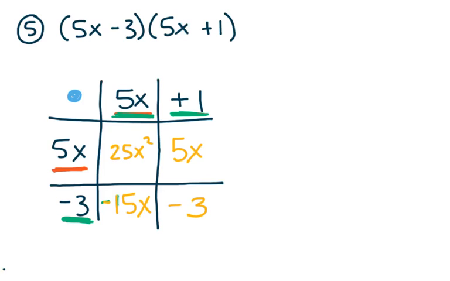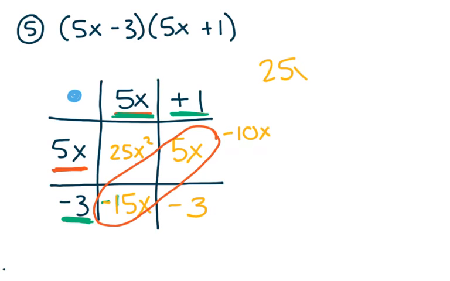Sign errors always pop up here. From here, I can combine along my diagonal for my like terms. And I have a negative 15x plus 5x is a negative 10x. So when I rewrite my solution in standard form, I get 25x squared minus 10x minus 3.